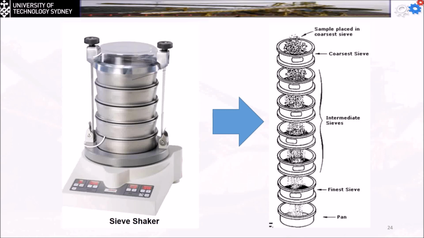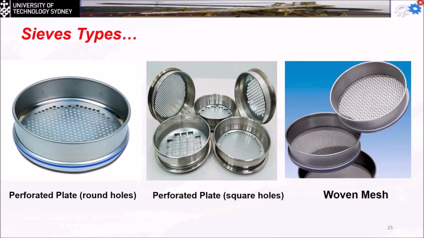So these are the different types of sieves. You can have either perforated plates with circle holes or square holes, and we can have woven mesh. Okay, so these are the standards for the mesh size for different sieves.